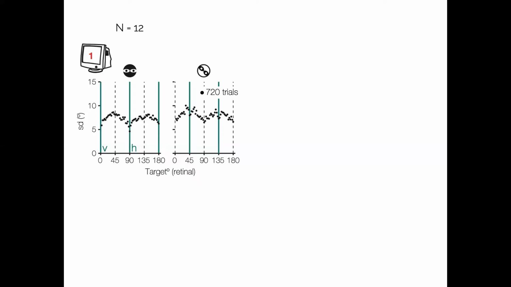So what you see here is that if you have a subject with a head upright or a subject with a head tilted, this typical characteristic oblique effect shape is quite similar and really tracks the retinal coordinate frame. You might notice that people are a little bit noisier when their head is tilted.